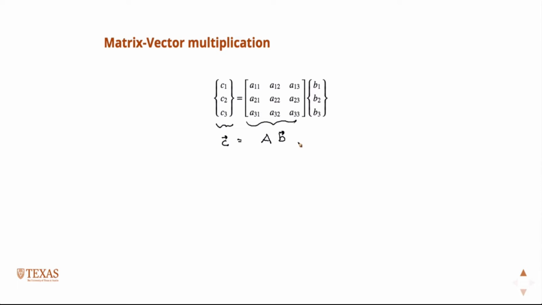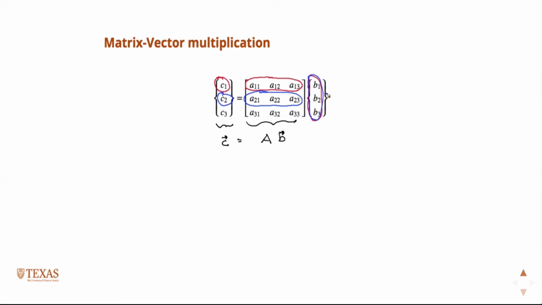The way I compute the components of C, and I like to just say it in words: C1, the first component of C, is the first row of A dot product B. The second component of C is the second row of A dot product B.